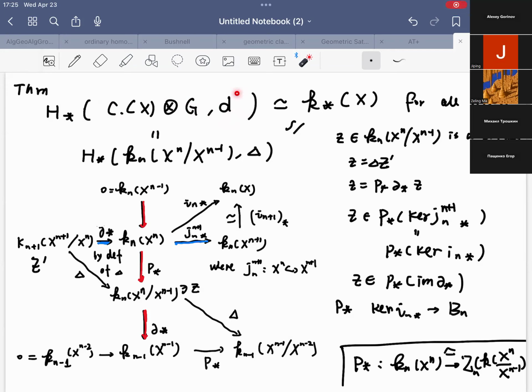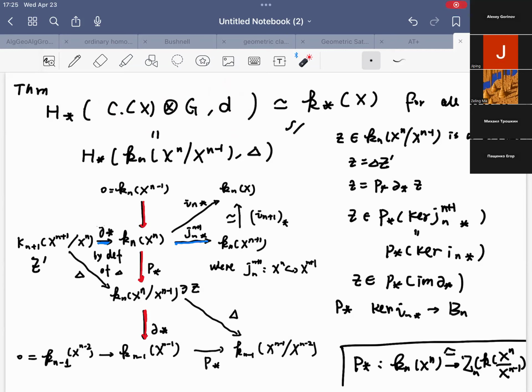And actually this is the same as the degree. Should I explain? Well, yes, if I have it prepared, then yes, let's see.